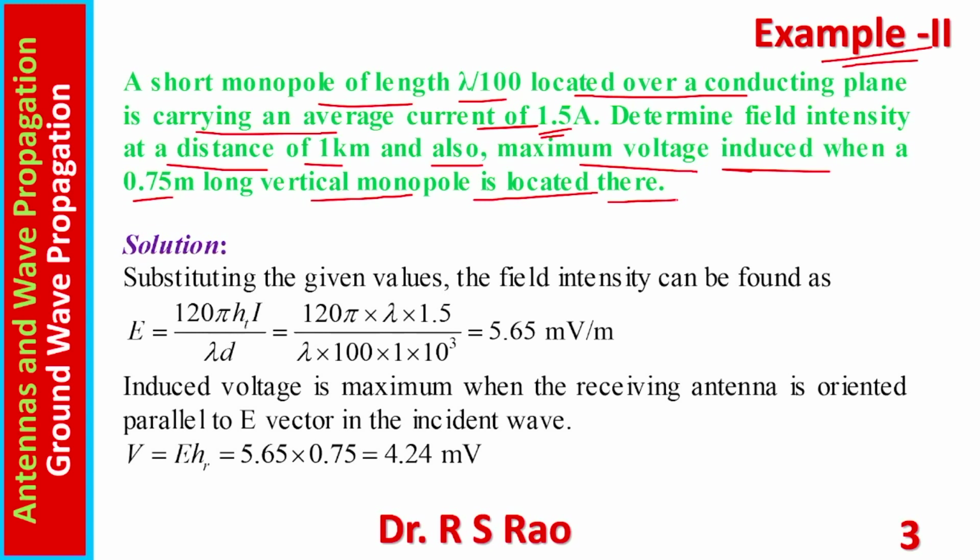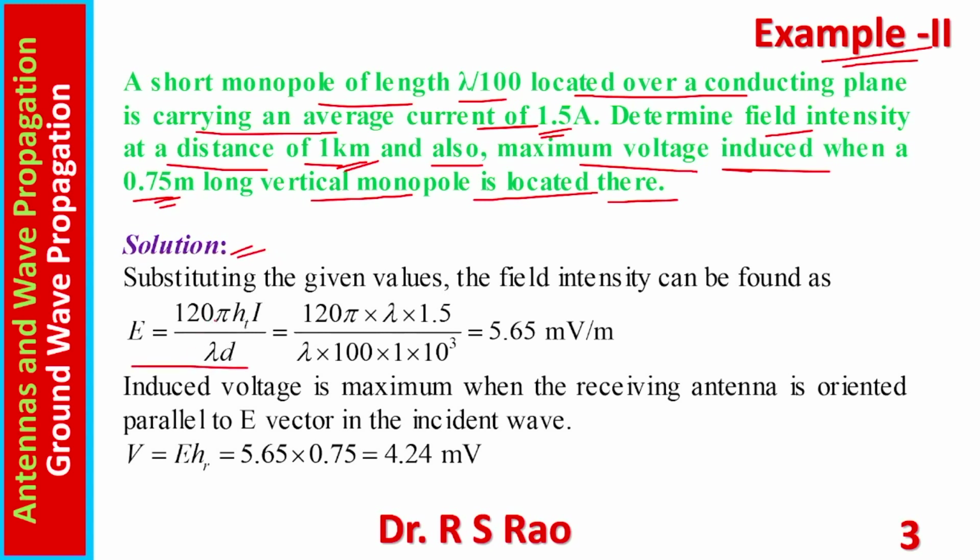One, field intensity at a distance of 1 kilometer. We are also asked to find voltage induced over a vertical monopole, the receiving antenna, when its length is 0.75 meters. First, field intensity. Solution. Field intensity is given by this formula.